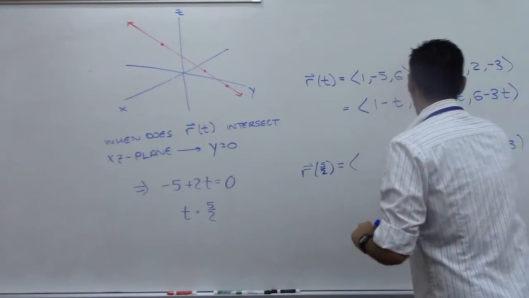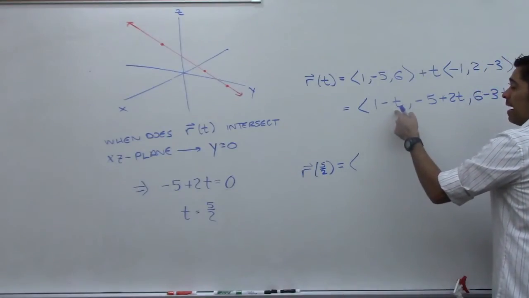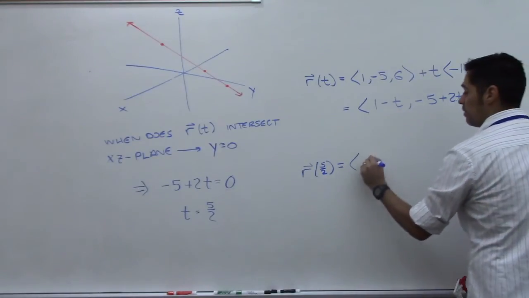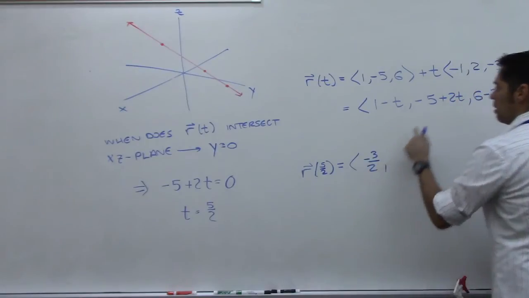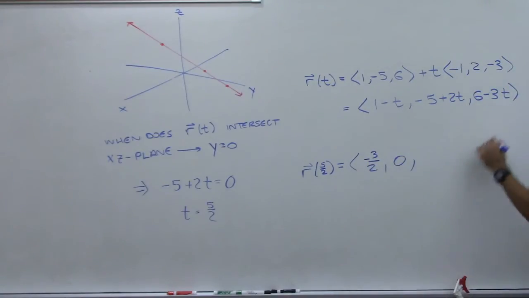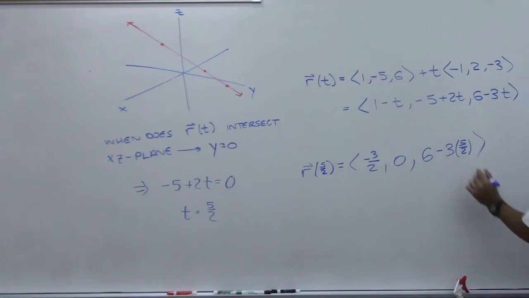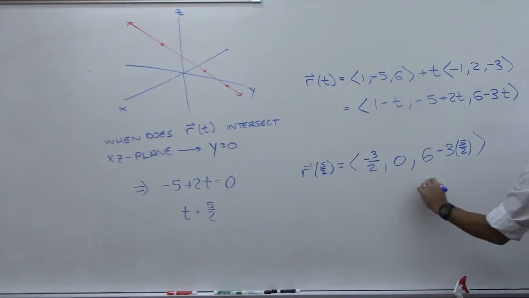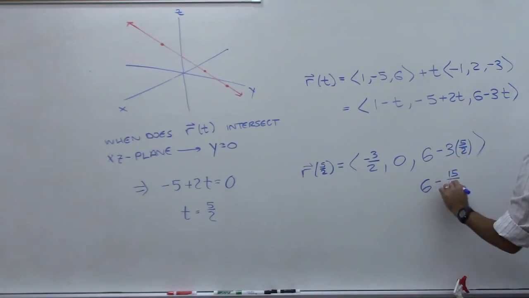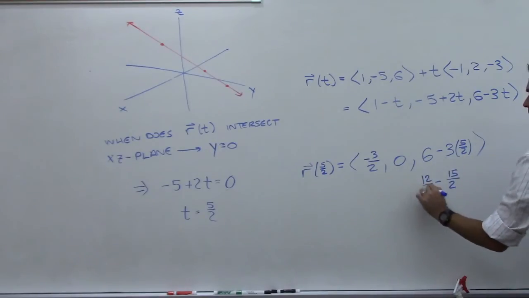That won't be as fun, but let's do it. 1 take away 5 halves is negative 3 halves. We already know what happens to the y component, 0. 6 minus 3 times 5 halves. This is 15 halves, so 6 minus 15 halves. That's the same as negative 3 halves.